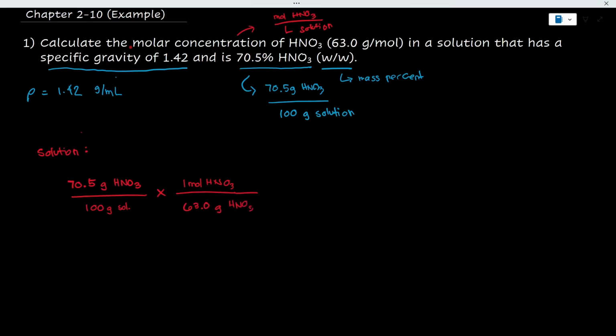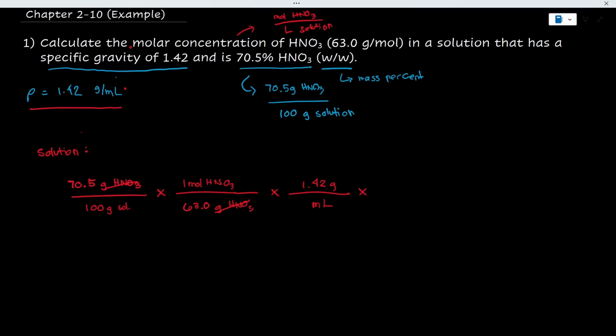So with that, we can cancel the gram HNO₃, and we're left with mole HNO₃ per 100 gram solution. So we want this to be converted into a liter. Okay, let's use the density. So the density is 1.42 grams per ml. Okay, use this specific gravity.